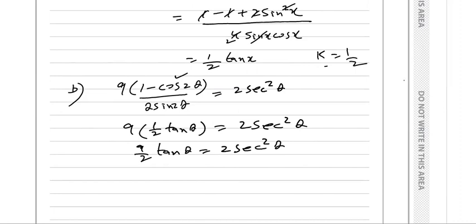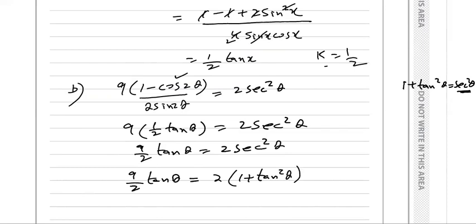And that we can do. We have the formula 1 plus tangent square theta is equal to secant square theta. So in place of secant square, I will use that. My complete equation will change to tangent. So it will become 9 over 2 tangent of theta equal to 2 into (1 plus tangent square theta).